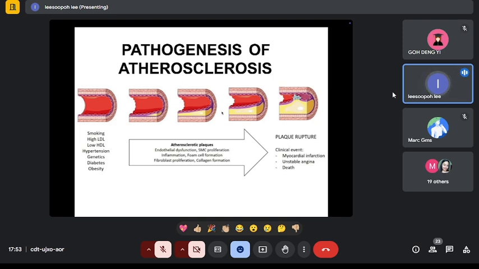Okay, so of course there are various other risk factors that can lead to this. Commonly, the highest risk is smoking, high bad cholesterol, high LDL, low HDL, diabetes, and of course genetic inheritance risk factors. If your parents have ischemic heart disease, the chances are that you will also have it if you have other uncontrolled risk factors.